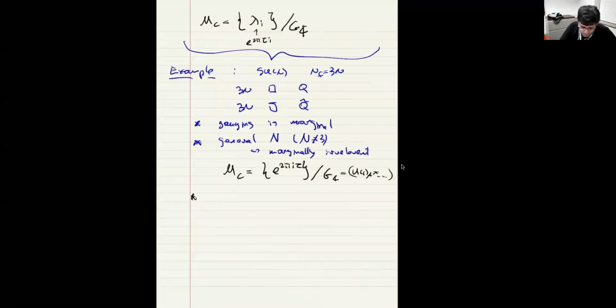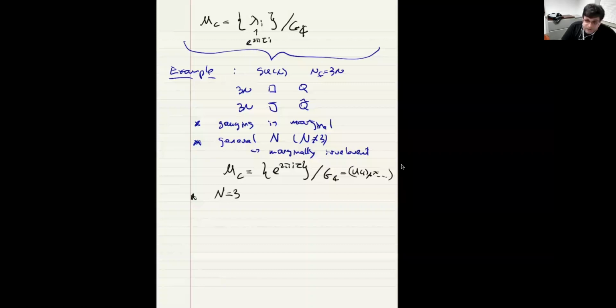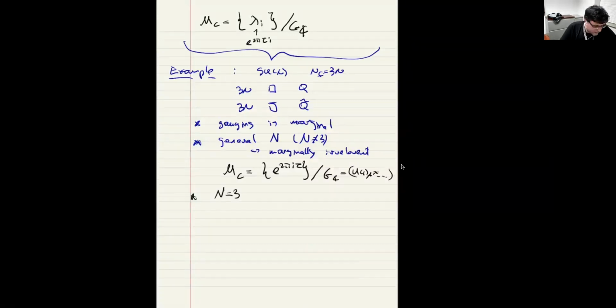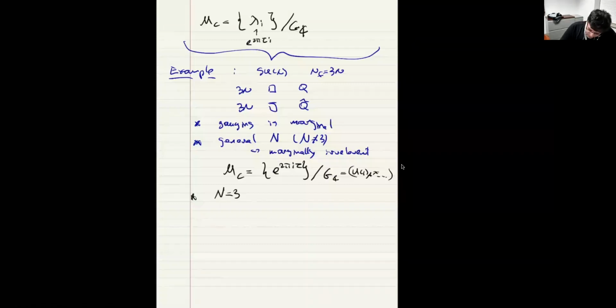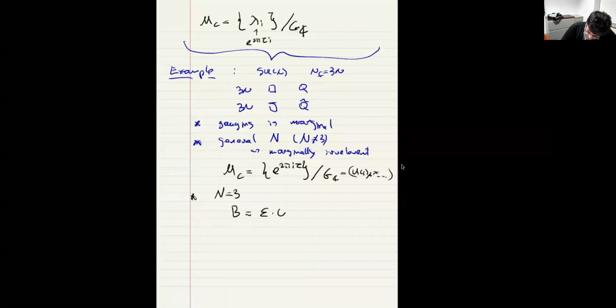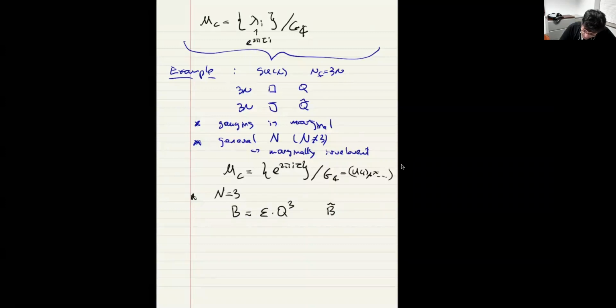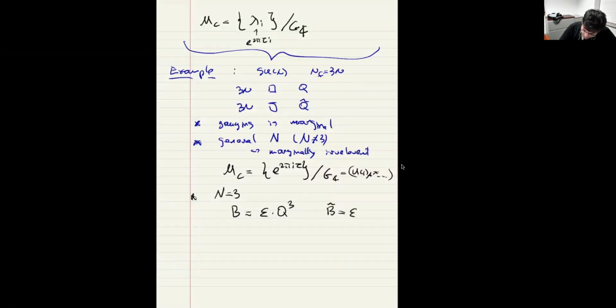Next we perform the more detailed analysis in the case of N equals 3. As we have discussed, in the case of N equals 3, we have additional marginal operators, given by baryons and antibaryons. By baryons, we mean a certain gauge invariant combination of 3 Qs, which involves an epsilon symbol. And the antibaryons are epsilon times Q tilde cubed.